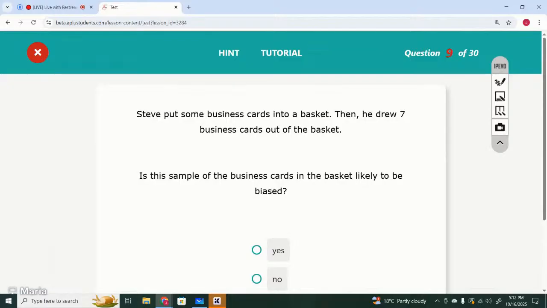Then he drew seven business cards out of the basket. Is this sample of the business cards in the basket likely to be biased? No, they are not biased.